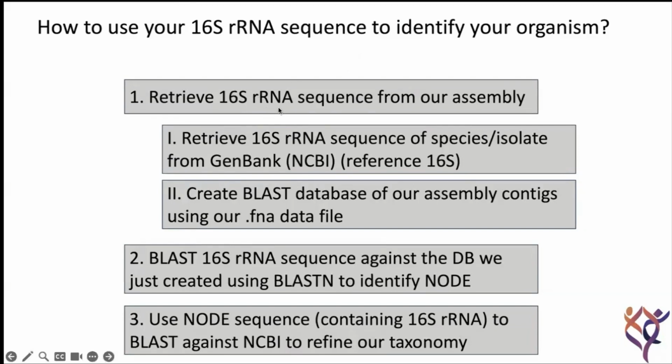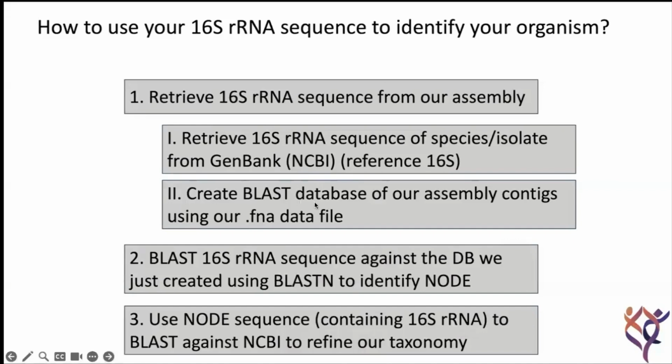First of all, we retrieve our 16S sequence from our assembly. In order to do that, we need a 16S sequence of our expected species from GenBank. I assume that most of you either have a 16S sequence in hand that you can use, or you'll be going on to NCBI and downloading the closest 16S sequence.